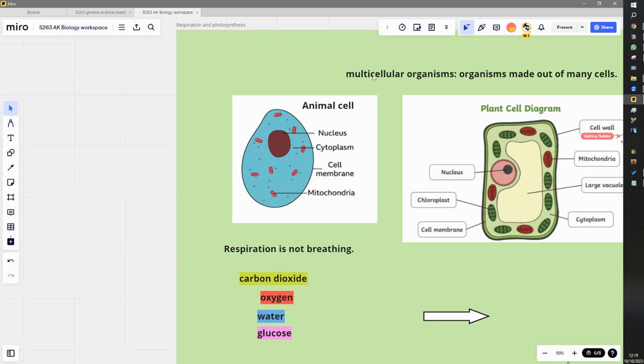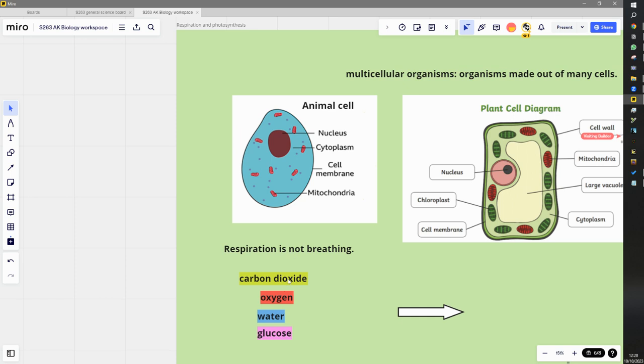We are a multicellular organism. We're made out of millions and billions of these different types of cells, and our cells have mitochondria in them. In order to keep us alive, we need to keep our cells alive because we're made out of the cells. In order to keep the cells alive, we need to provide them with energy. To do that, we use a chemical reaction called respiration.